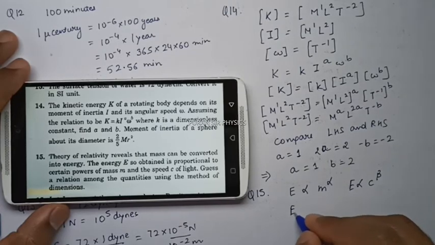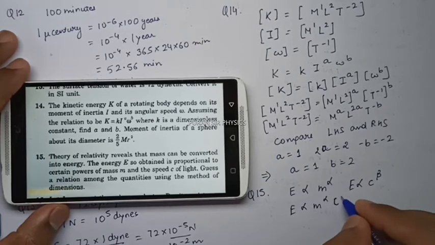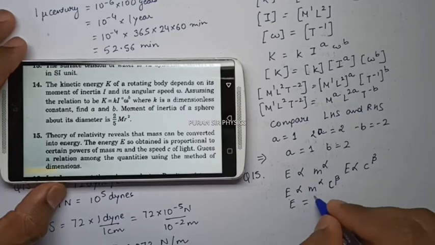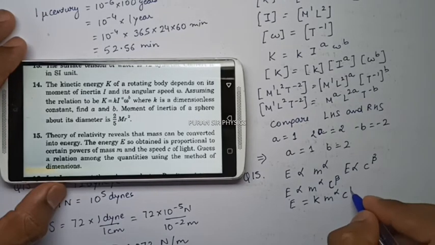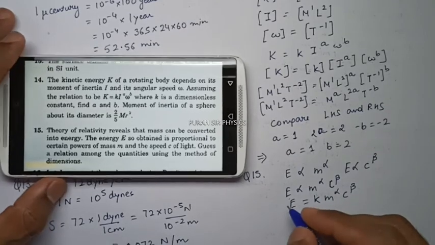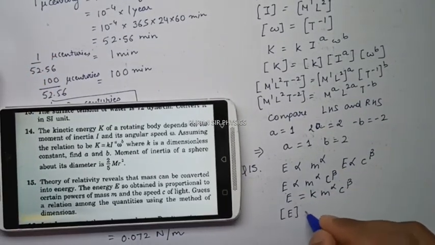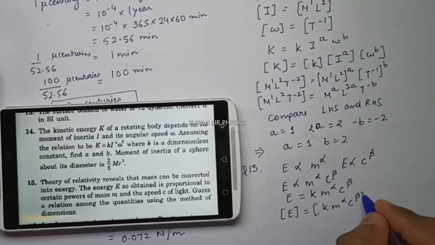So we can say E is directly proportional to m raised to power alpha, c raised to power beta. So we can apply some dimensionless constant here. So it becomes k m raised to power alpha c raised to power beta. So now we'll take dimensions on both sides. So the dimension of E is k m alpha c raised to power beta.